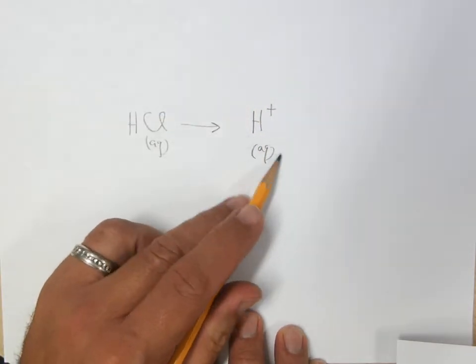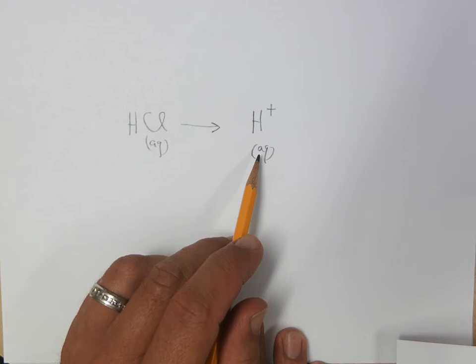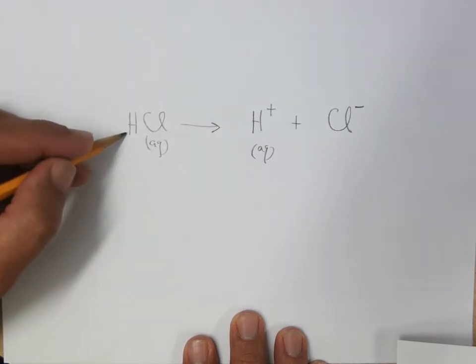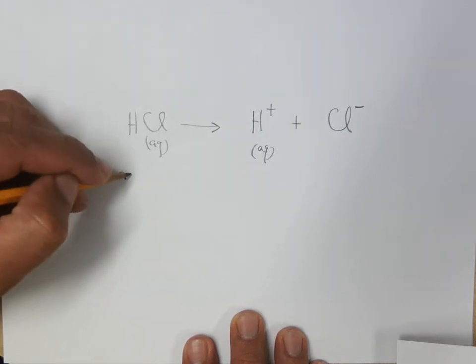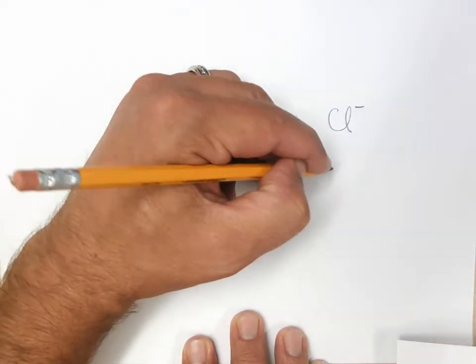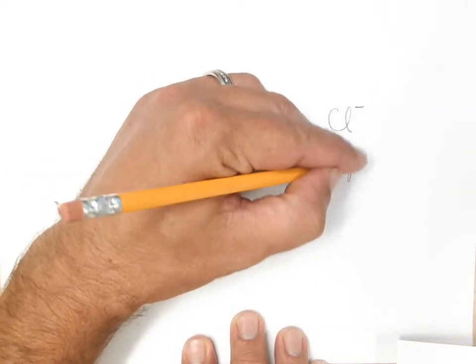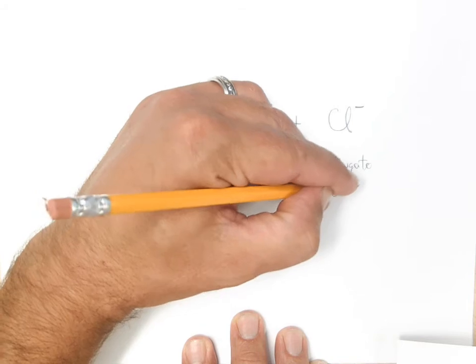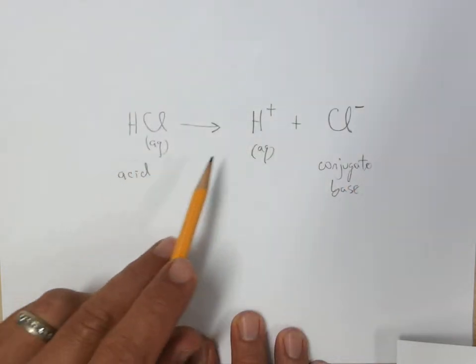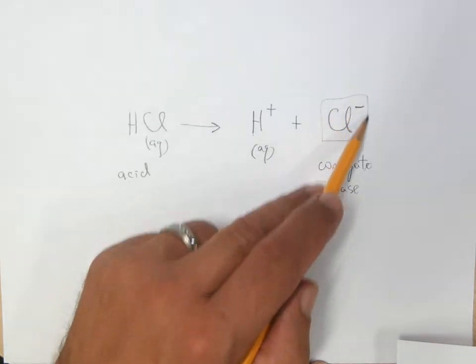A hydrogen ion that's surrounded by waters is formed. And then the conjugate base is the chloride. So with the H+, this is an acid. When it loses the H+, it becomes the conjugate base. So to find the conjugate base of any acid, you just remove the H+ and see what you're left with.